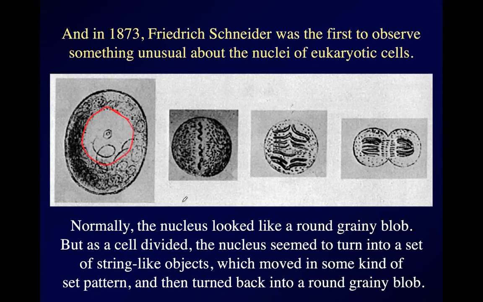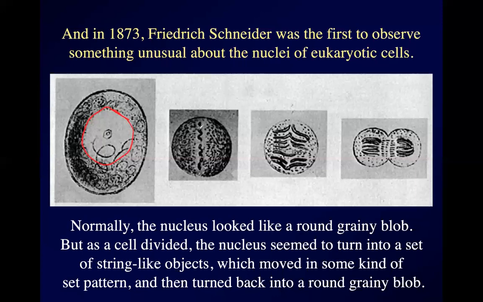But cells have to come from other cells. So one cell, to make more, has to divide in two. When a cell divides, the nucleus seems to turn from being a blob into a set of stringy objects, which move in some kind of pattern and then turn back into a round, grainy blob.